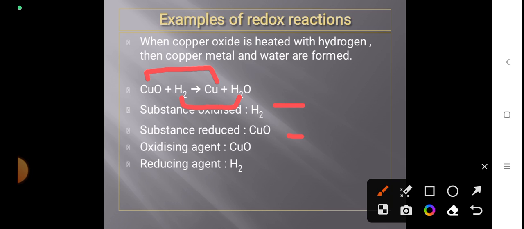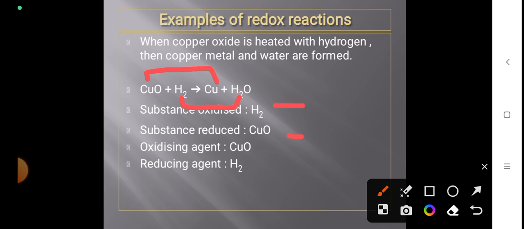As I already told you, hydrogen is undergoing oxidation to form water, because oxidation, we know, is addition of oxygen. Similarly, the substance which is getting reduced, that is, loss of oxygen, is copper oxide. So the substance reduced is copper oxide. Now to understand oxidizing agent and reducing agent, it's very simple.